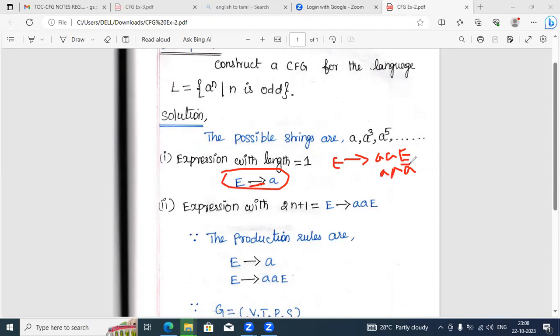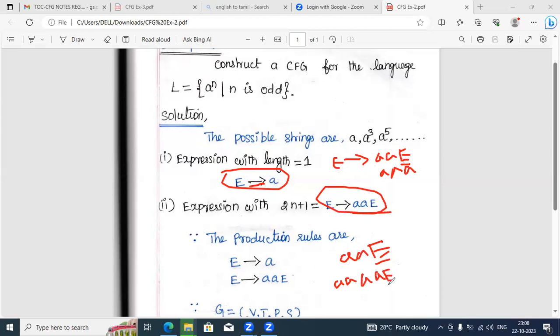Suppose I want 5 a's, because after 3, our next odd number is 5. If the n value is 5, how many a's will we get? We will get 5 a's. How can we get it? Initially we have this production, E → aaE. Again we have to use the same production on this E. Then we will get aaaaE.